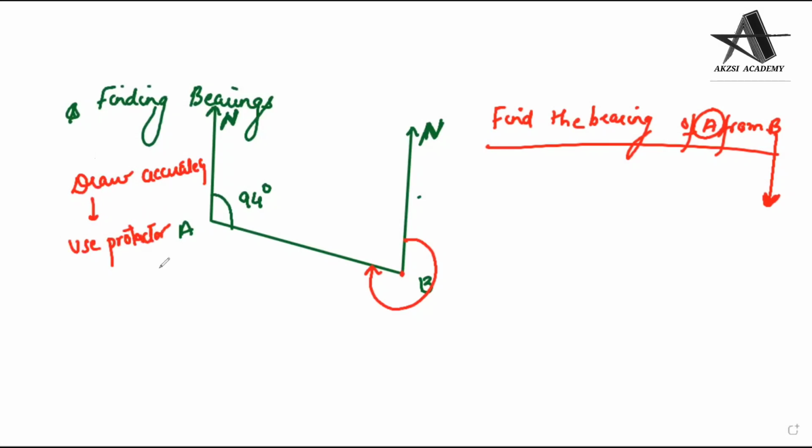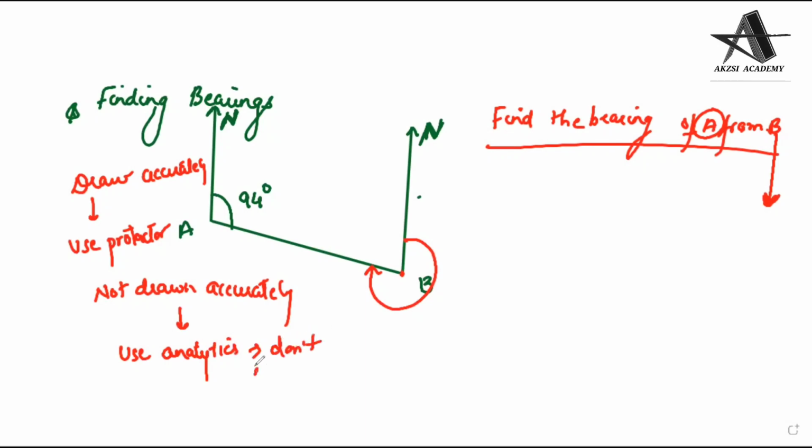And if in the question, with the diagram they have written not drawn accurately, then don't measure, don't use the protractor, use analytical thinking, or you can say the algebra part, whatever the geometrical part, you know about the properties of the lines or something. So you don't have to measure it, you have to solve it. So do analytics or simply don't measure.